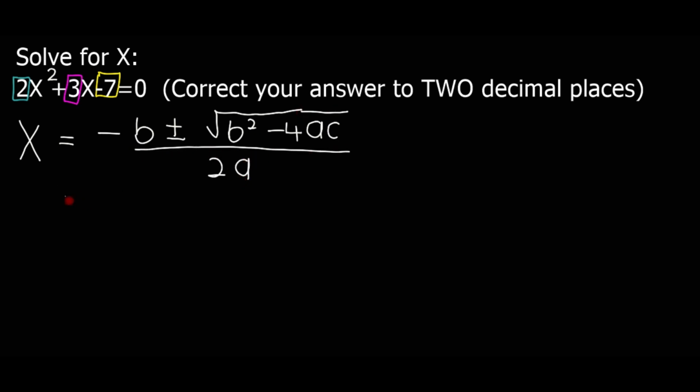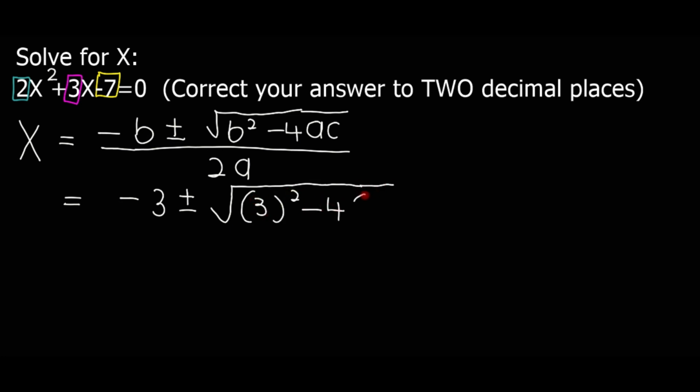So from there we substitute: b is 3, so we have -3 ± √(b² - 4 times a which is 2 and c which is -7), divided by 2a.